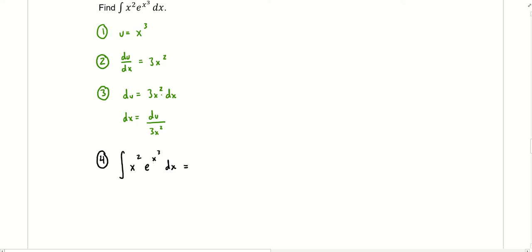Every place I see an x cubed, I'm going to replace it with u, and where my dx is, I'm going to replace that with du over 3x squared. So this integral becomes the integral of x squared times e to the u, and then the dx becomes du over 3x squared.